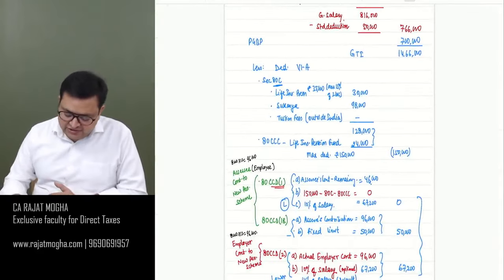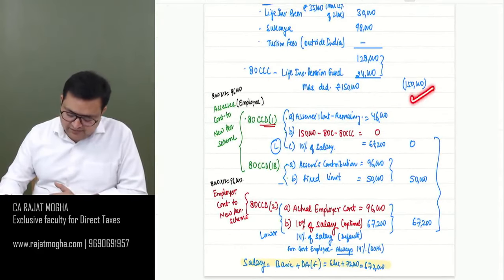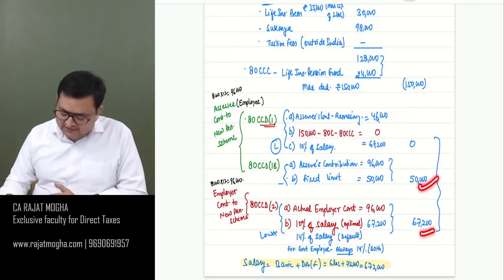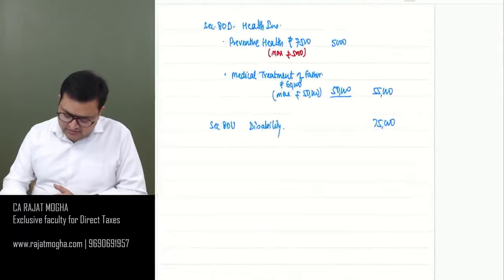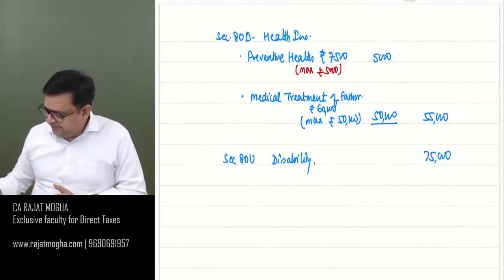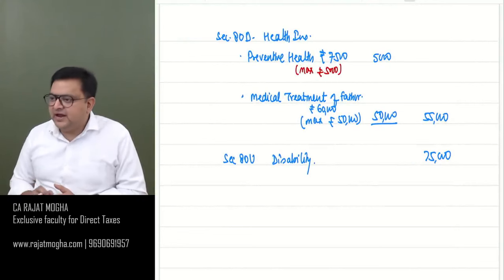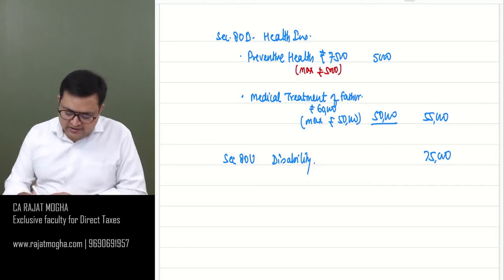So how much is the deduction? 1,50,000 plus 50,000 plus 67,200 plus 55,000 plus 75,000. So 3,97,200 is the total deduction.